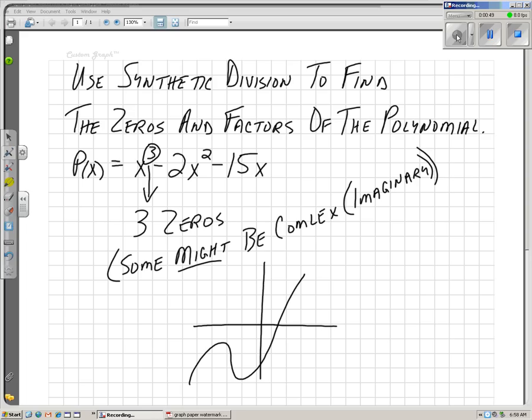Now, what's an imaginary zero? Well, where it actually crosses the x-axis, that's real. Now, these guys that should have crossed the x-axis, if they'd gone up a little higher, that's how I think about it. If that hump, that relative maximum, had gone up a little bit higher, it would have crossed the x-axis and had a couple of real zeros, but it did not.